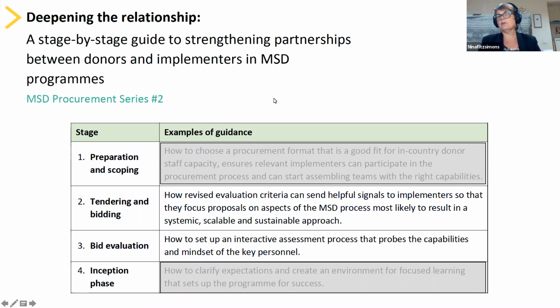I think that was a very good message: procurement is important, and DFAT recognized that having the right procurement person who could put the right processes and systems in place was important for the success of the program. So as an implementer, that point Roger made really spoke to me.